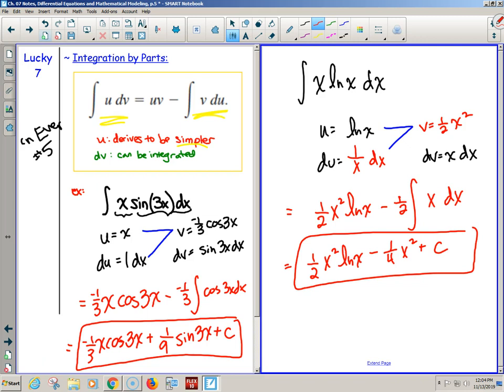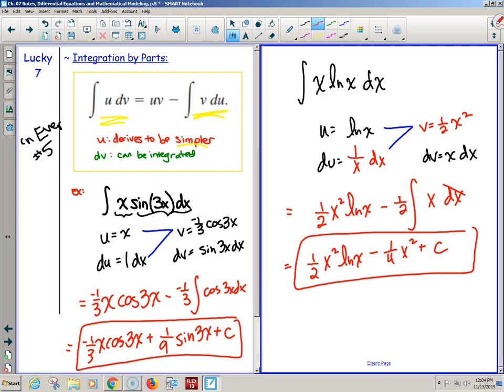So logarithms are good for u's because they can't be integrated. Inverse trig is good for u's because they can't be integrated. Has anybody taken an integral of a sine inverse lately? Well, we actually did one, but we had the u prime there along with it. So inverse trig is good.